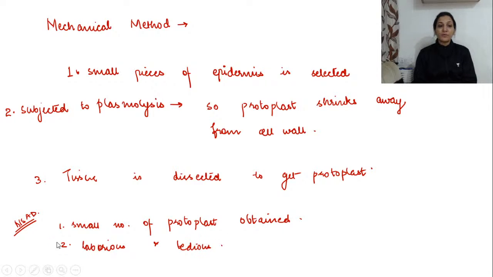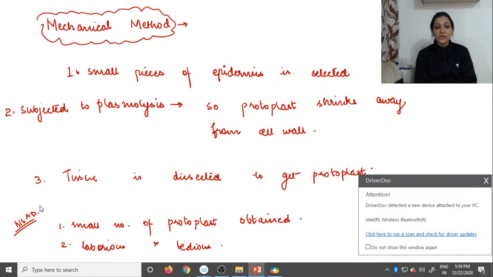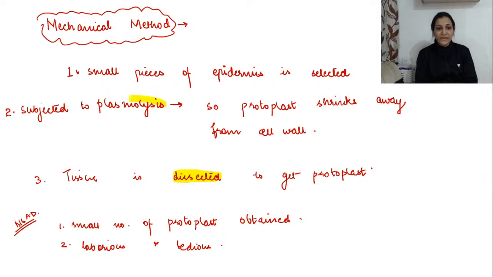So like this, we have seen the mechanical method. The most important words which you should remember in this are dissected and plasmolysis. You can remember these two words very easily. The rest of the things will come to your mind. So this was the mechanical method.